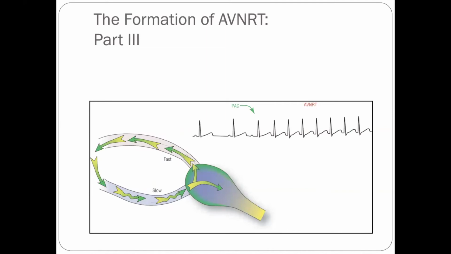And because that PAC fired, the PAC doesn't control it after that, because the PAC initiated and mixed up the way that things were firing in here. It creates the ability for the AV node to get into this cycling that we see with AV nodal reentry tachycardia.